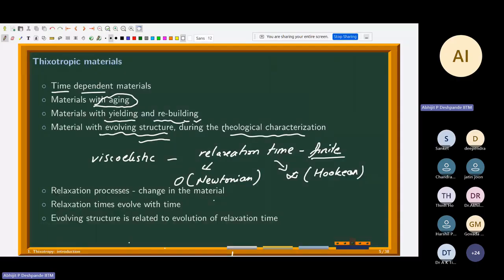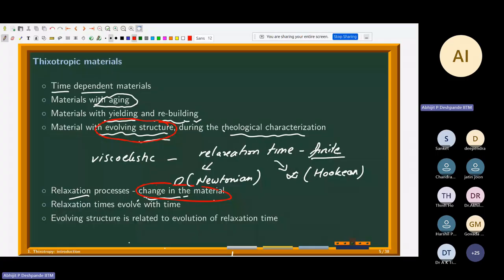Now, for a thixotropic material, the relaxation processes change because the structure is evolving. Since there is an evolving structure, there is a change in the relaxation process. In a polymer melt or in many colloidal dispersions, if they are not thixotropic, there will be relaxation processes, and due to them the material will have a time-dependent response.